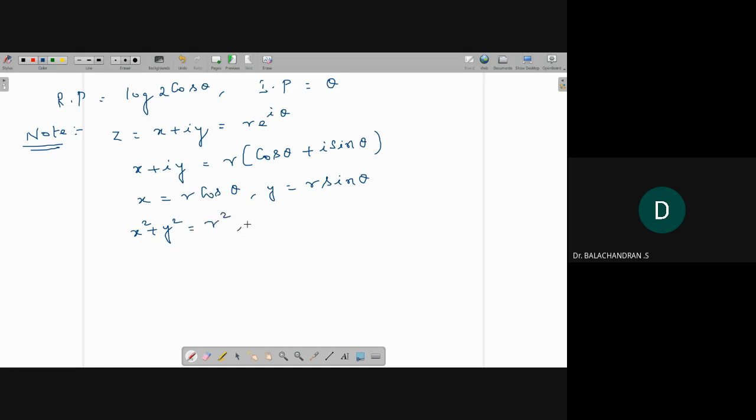Similarly, what is y by x? y by x is r sin theta divided by r cos theta, which is equal to tan theta. So from this, you can write r equal to root of x square plus y square.